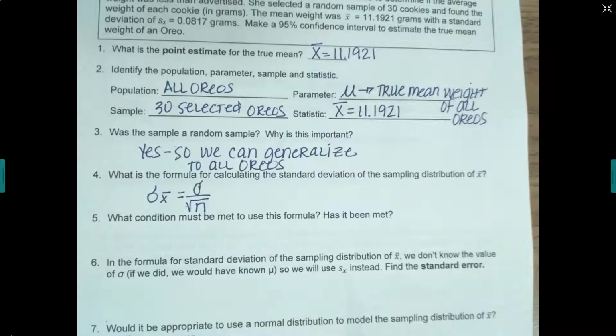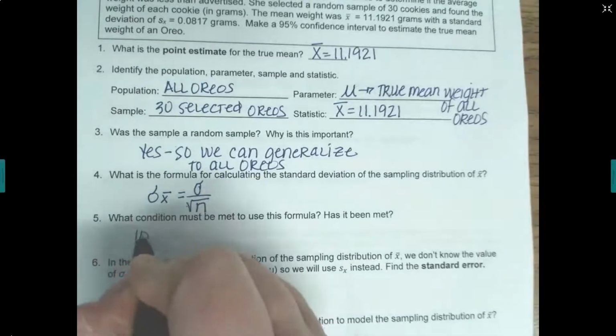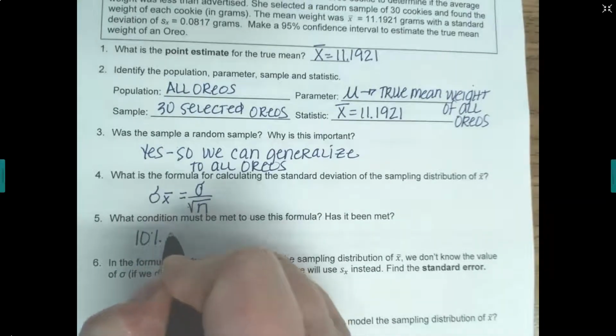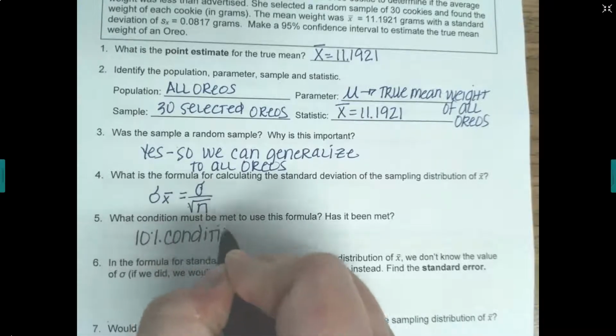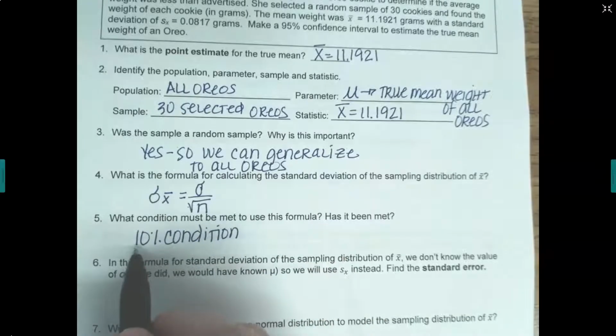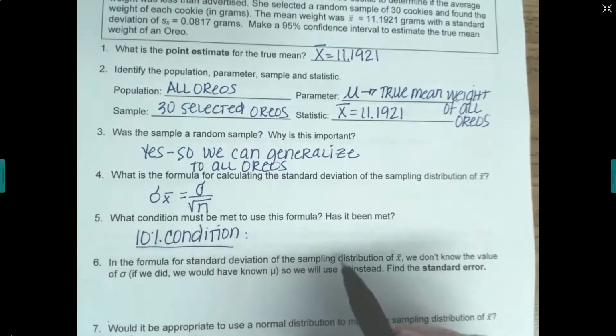Now, what condition must be met so we can use this formula? This formula can only be used if you have independent samples, or you have sampling with replacement. Well, we never have sampling with replacement. So we have to have this 10% condition. There's a particular rule that if you follow your 10% condition, you can use this standard deviation because you're not changing the probabilities enough.